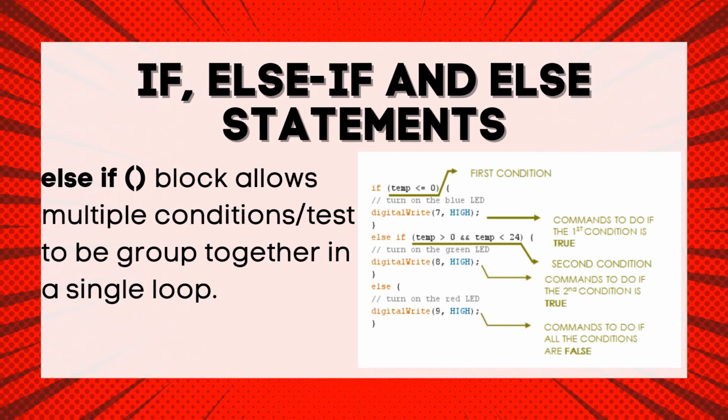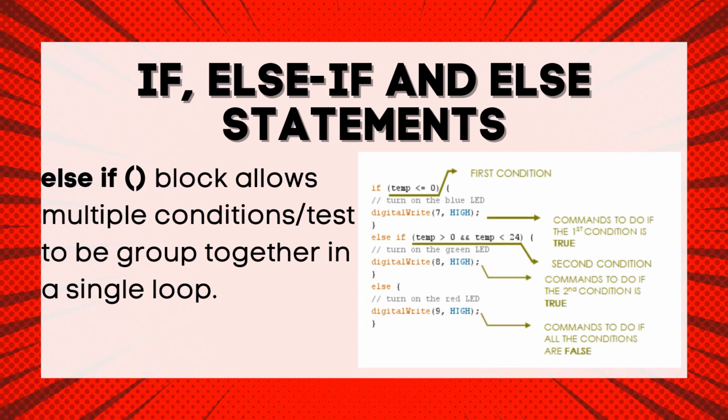Else if. It allows multiple conditions or tests to be grouped together in a single block. You can use an unlimited number of else if branches in a single block. So if the temperature sensor reading is less than or equal to 0 degrees Celsius, a blue LED connected to digital pin 7 will turn on.